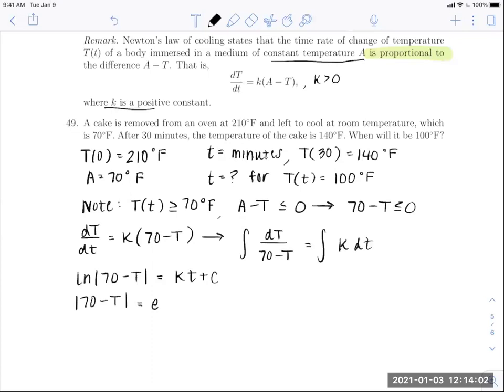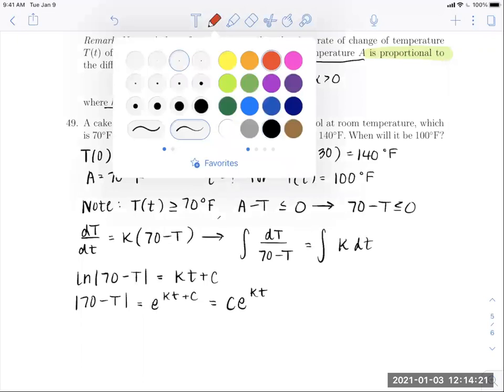So this is going to be e to the kt plus c. I'm going to go ahead and write this as c e to the kt. Oh my goodness, one thing here. Let me write this in red.